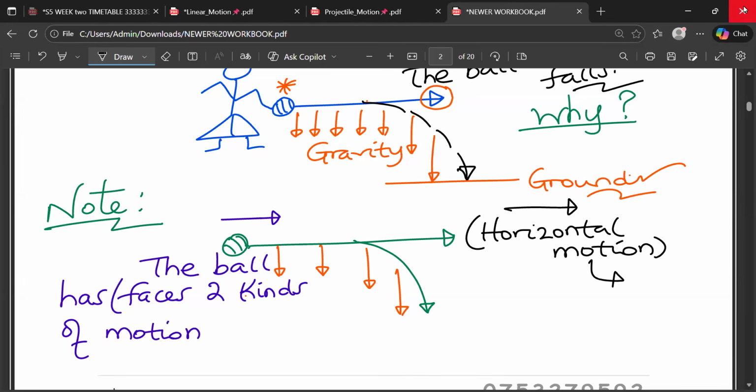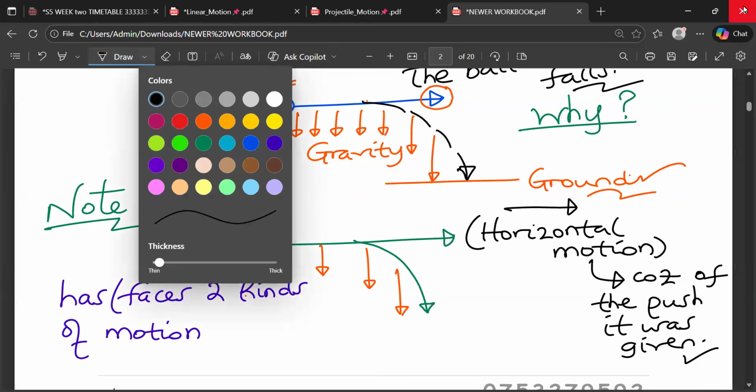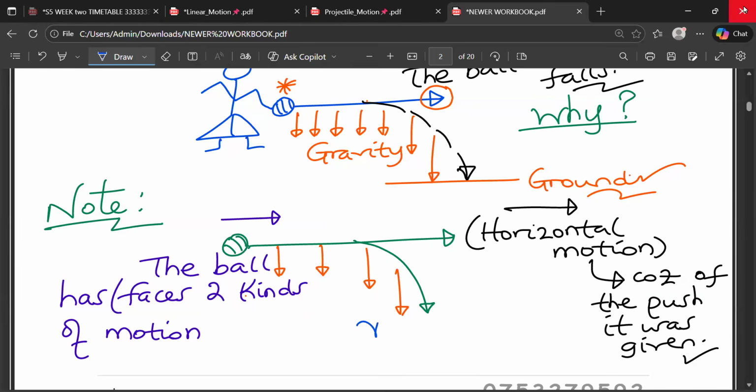So this motion, we have said, is because of the push it was given. Simple as that.